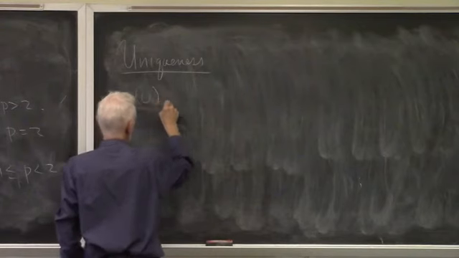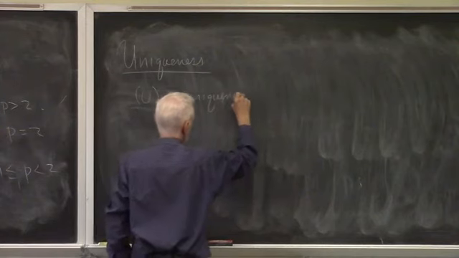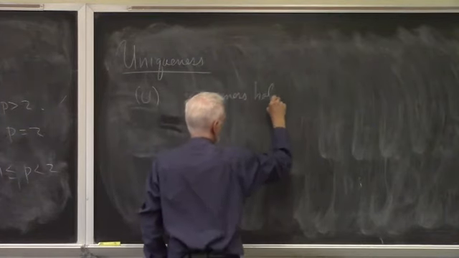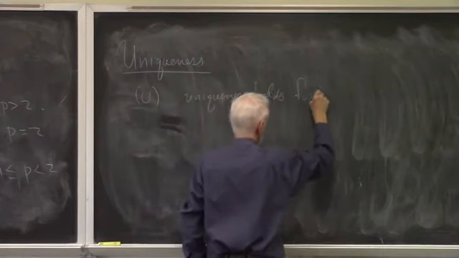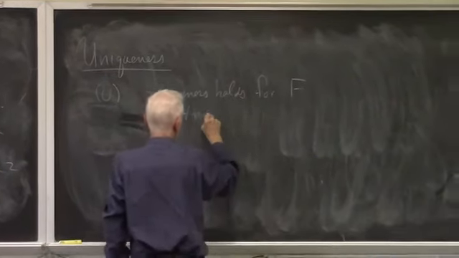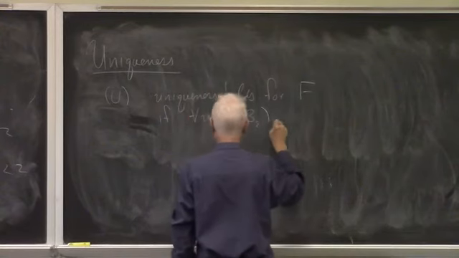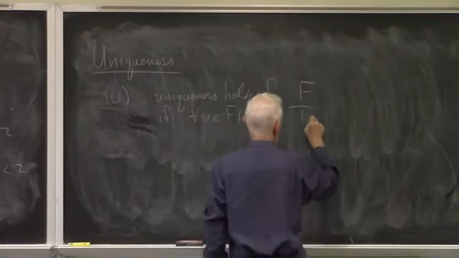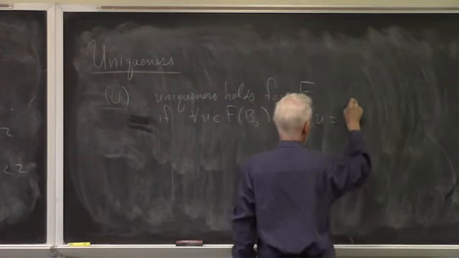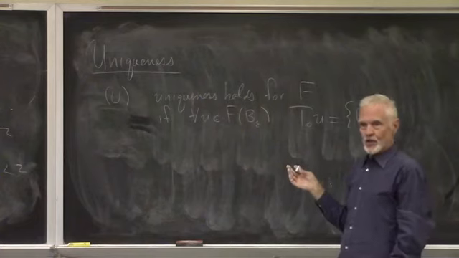One I'll call uniqueness. Uniqueness holds for the sub-equation F if for all U F subharmonic in a small neighborhood of the origin, the tangent space to U is a singleton. Only one. That's what uniqueness means, right?